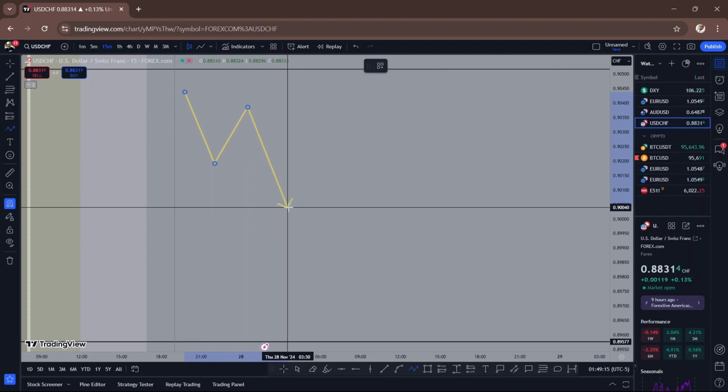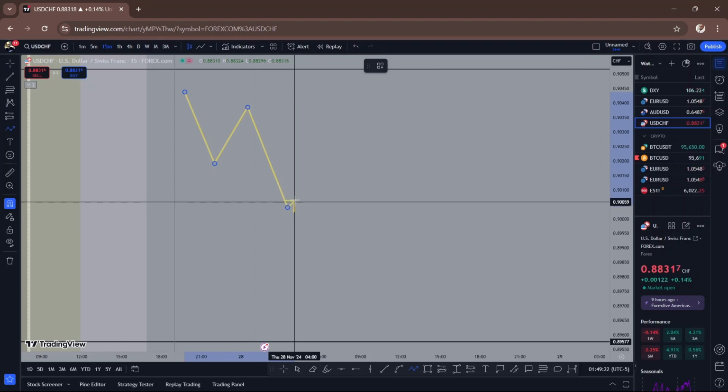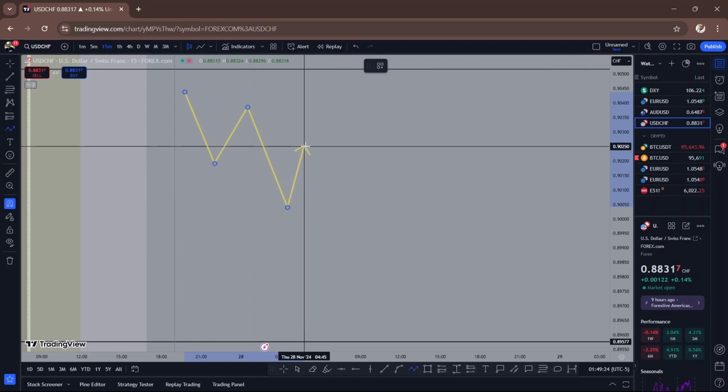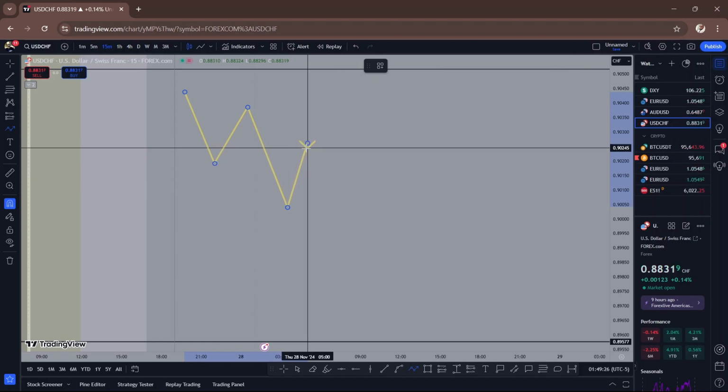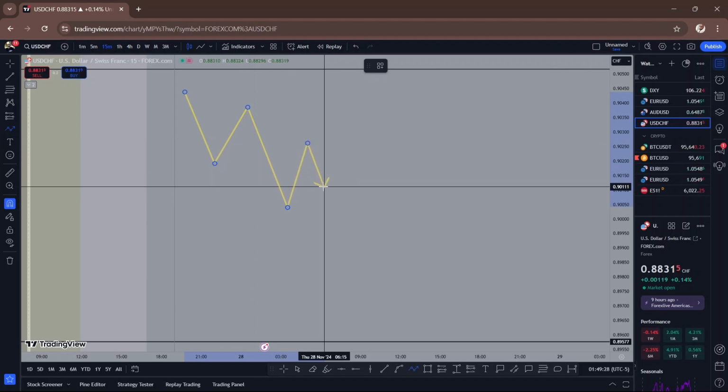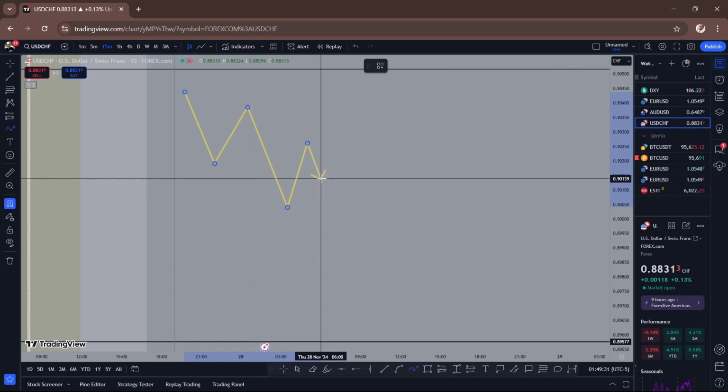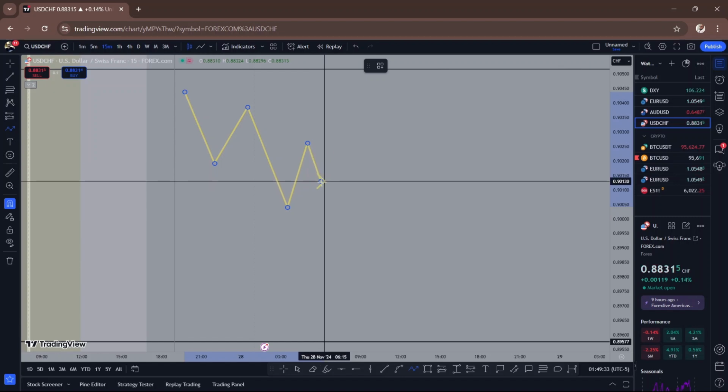Now we're having a lower low, this is Monday. Monday, Tuesday, Wednesday, I would like to see a retracement. Then Thursday and Friday, I would like to see a continuation. Possibly Wednesday, Thursday, I want to see a continuation of that push.